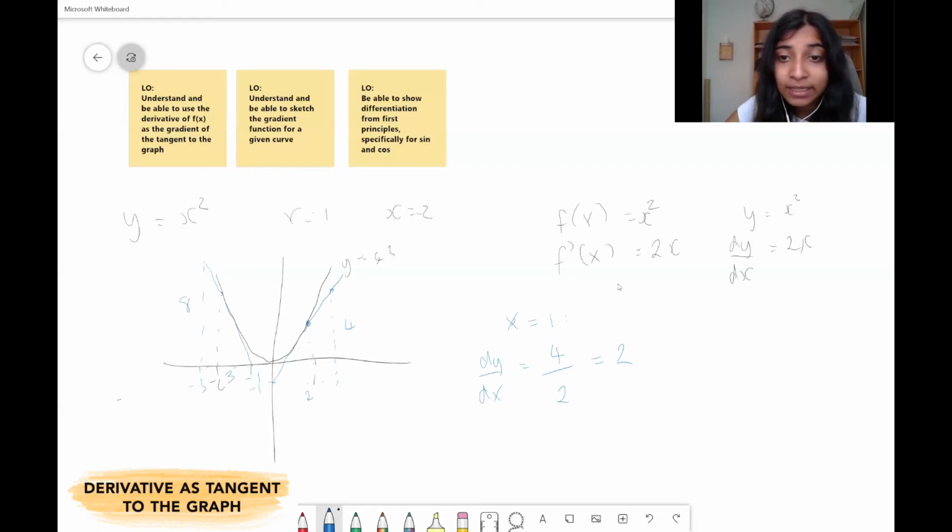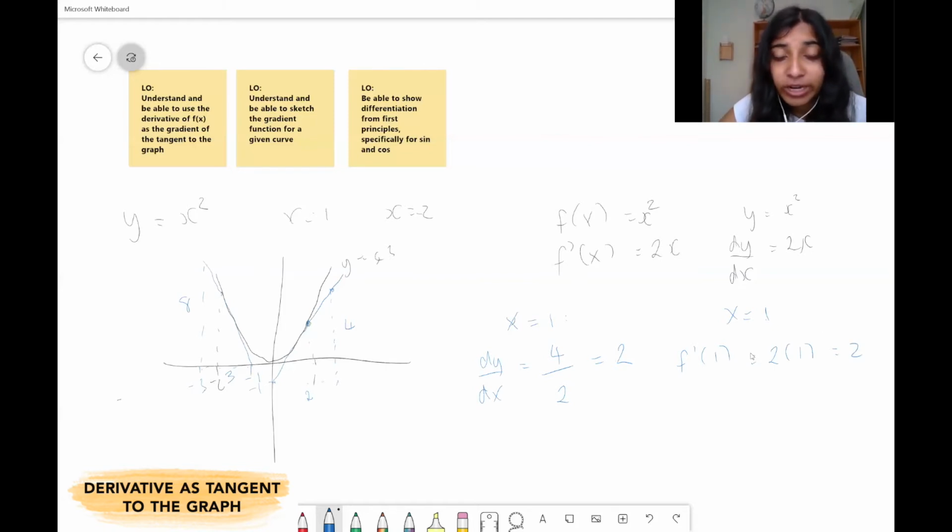But equally, to get the same answer, if you do f dash or dy over dx, if you just differentiate your function x squared, so we had 2x, and then if you just plug in x equals 1 to that, so let's say we did f dash of 1, you'll just get 2 times 1, which is just equal to 2.